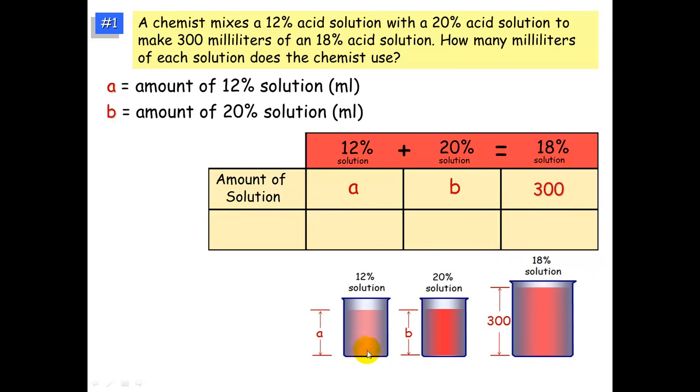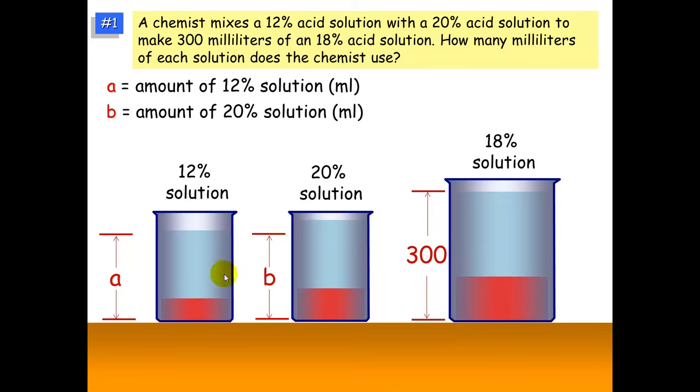But the next thing is we want to know the actual stuff that's inside here, in that case the acid. So we want to know the exact amount of acid in each one of these to get it to our desired solution. So let's go back to our diagram here, and what I've done is I've separated the acid out, just for an example.